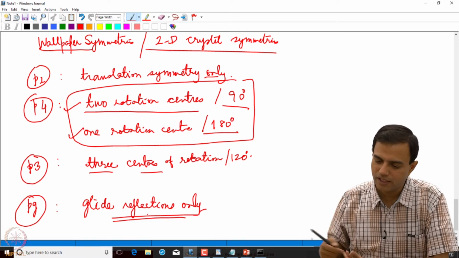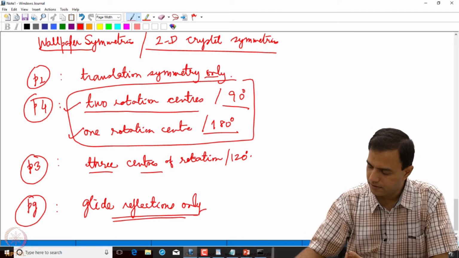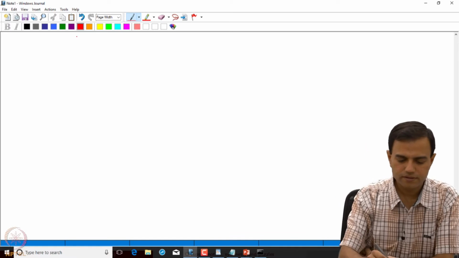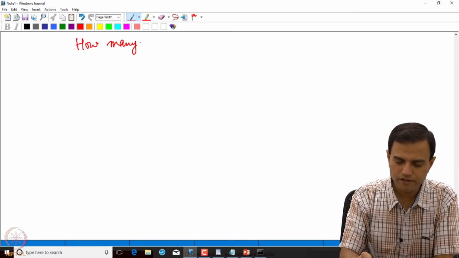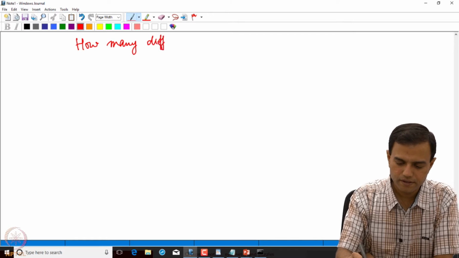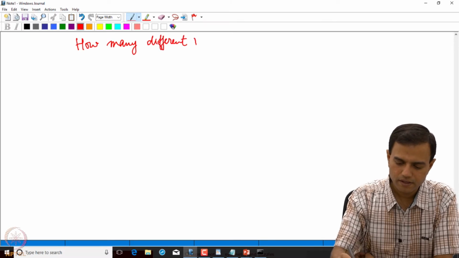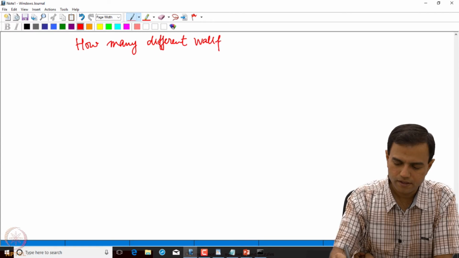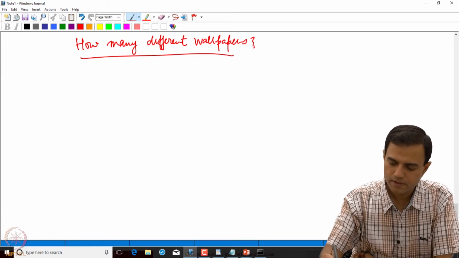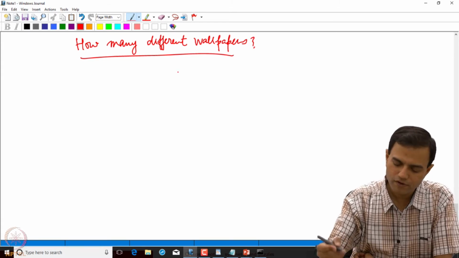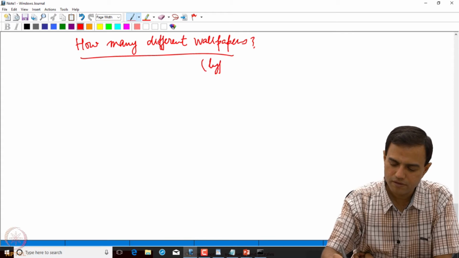That sounds interesting. So how many different wallpaper symmetries, meaning types of wallpapers?